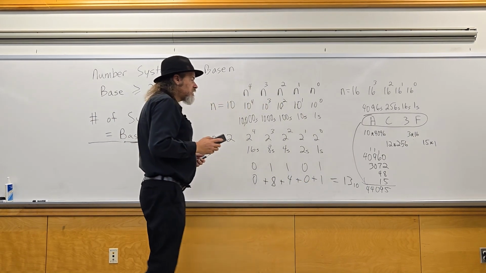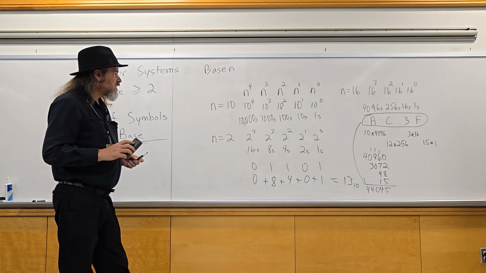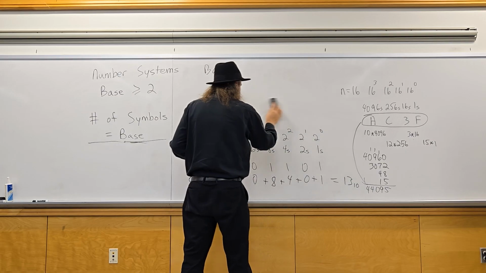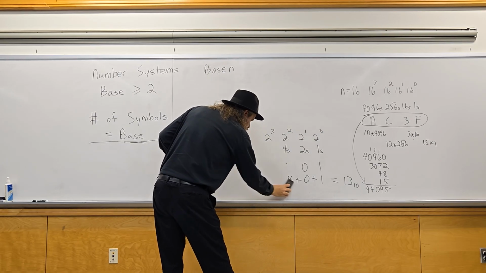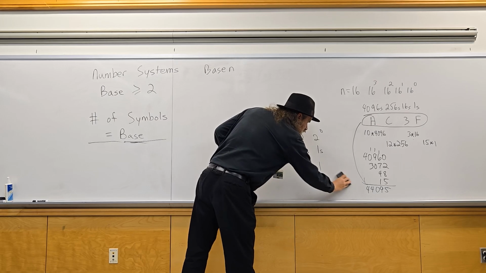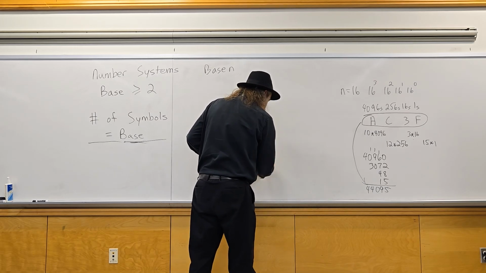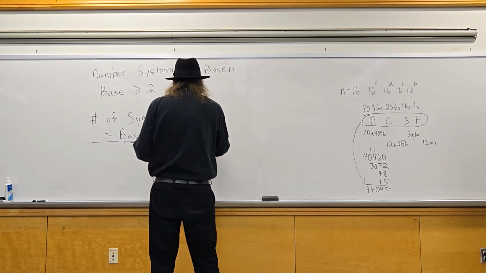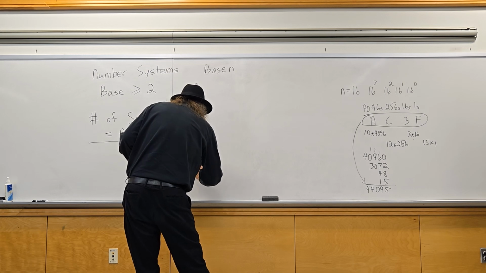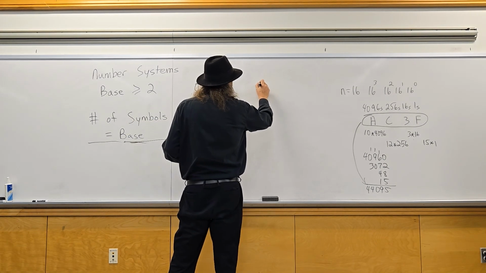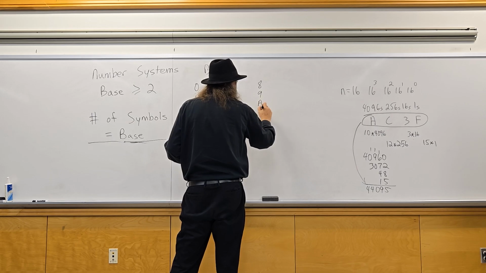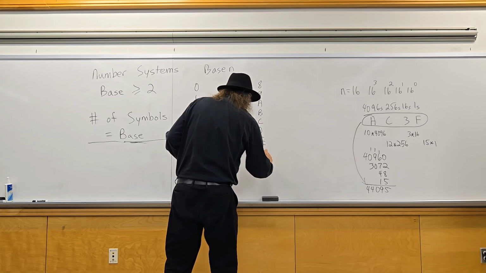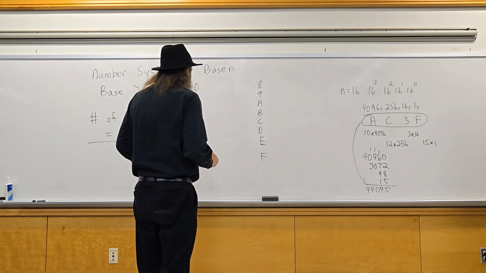Now, like I said, base 16 has 16 symbols, which, when you write them out, you've got 0, 1, 2, 3, 4, 5, 6, 7, 8, 9, A, B, C, D, E, and F. Okay?